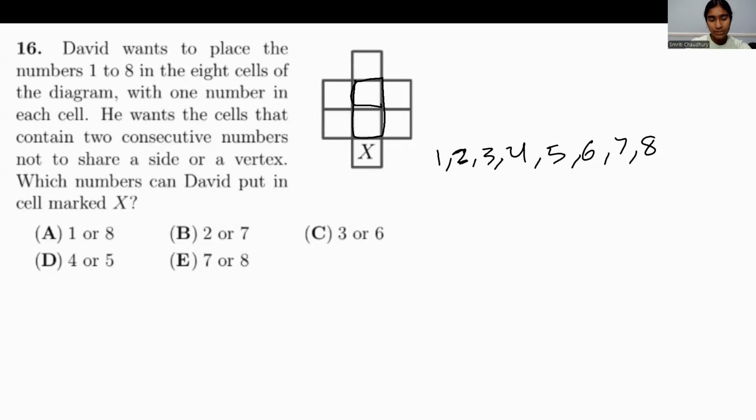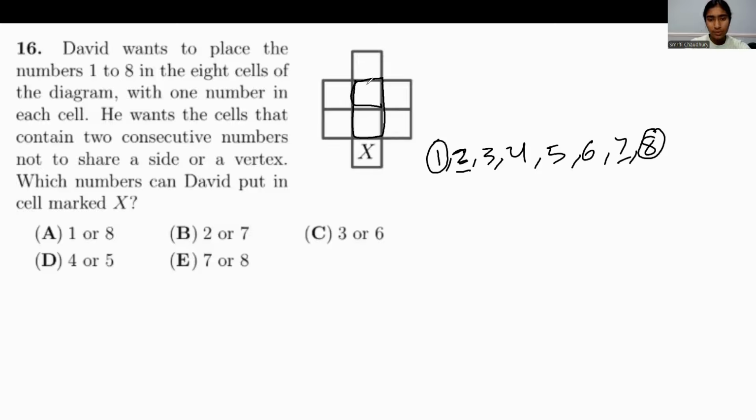These cells share a side or vertex with 6 other cells, which leaves the only possible options for them as 1 and 8, because 1 cannot share a side or vertex with 2, which leaves 6 other numbers. And likewise, 8 cannot share a side or vertex with 7, leaving 6 other numbers.